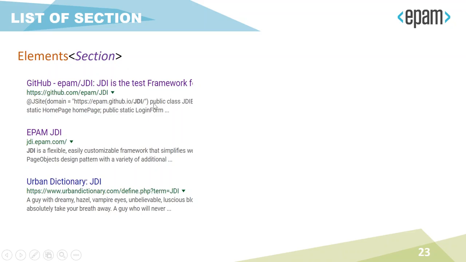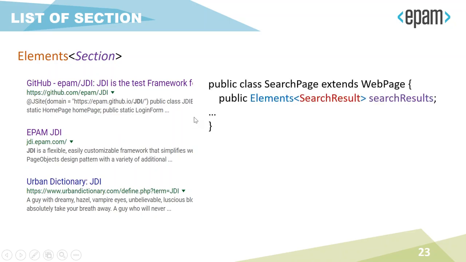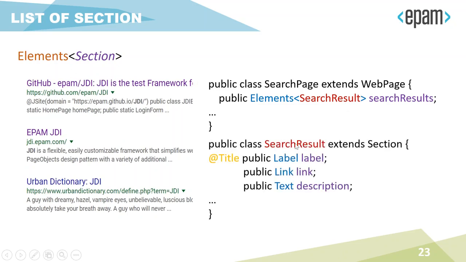In Selenium, this is a tricky situation, and you need to write a lot of code to operate with these kinds of elements, especially if you want to get these elements by some text, for example, EPAM JDI or Urban Dictionary JDI. In JDI, you can do this simply: just describe the elements of a section, the search result, and describe this section.